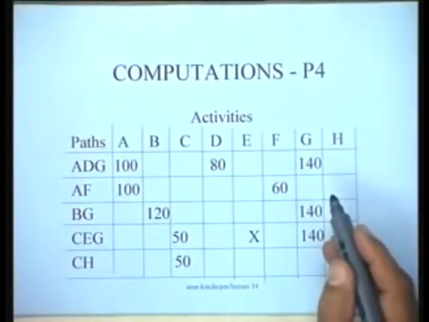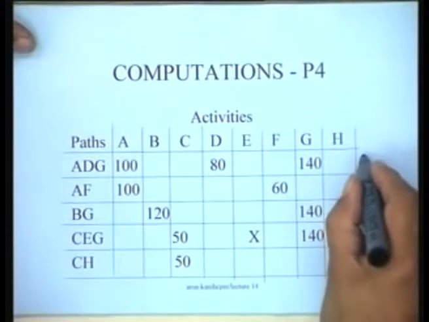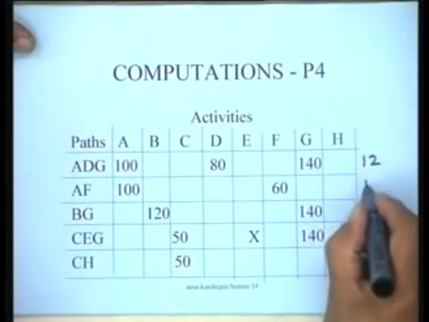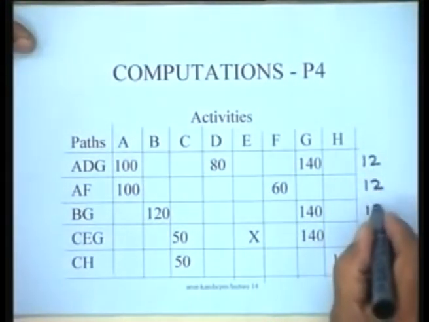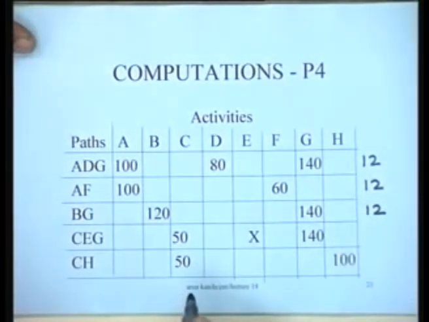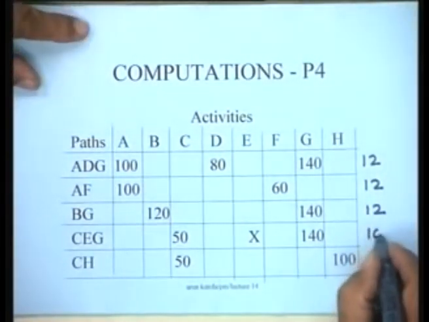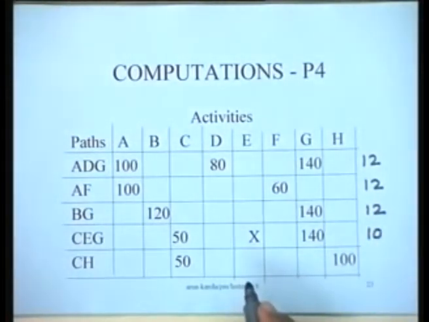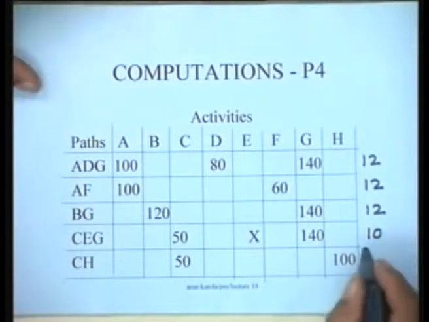So crashing F and G by 1 day would have meant simply that these particular paths are now of duration 12. And this particular path CEG would now be of duration 10, because G had been crashed by 1 day, and CH was untouched at 5.